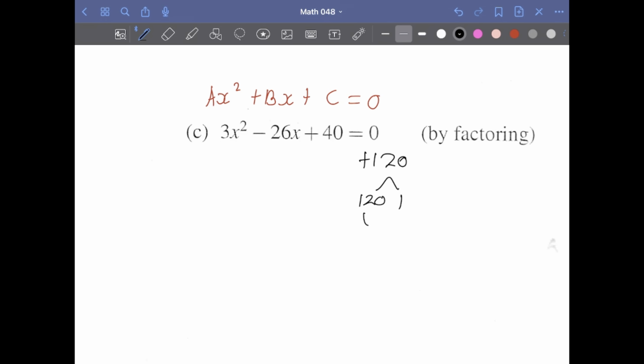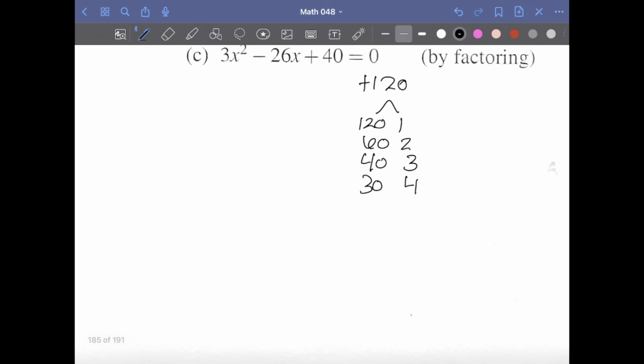120, 1, 60, 2, 40, 3, 30, 4, 120 divided by 5 is 24, 5, 120 divided by 6 is 20, 6.